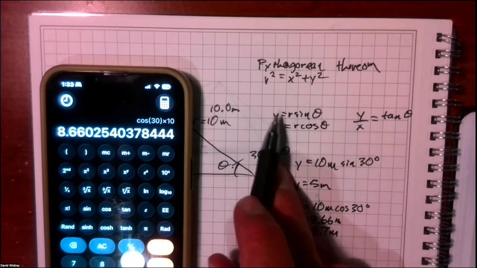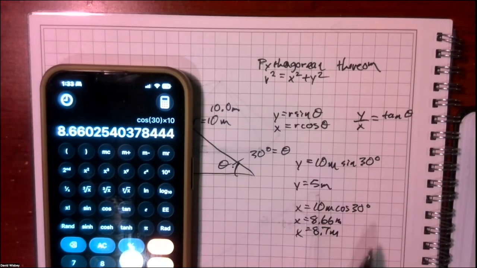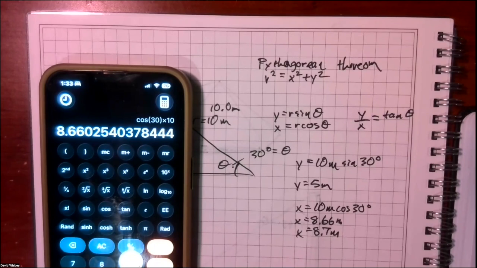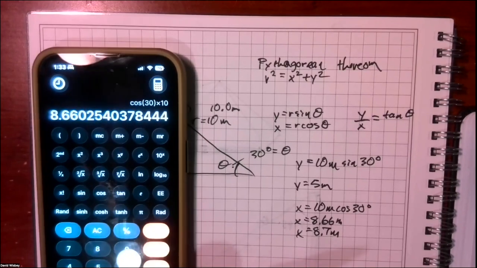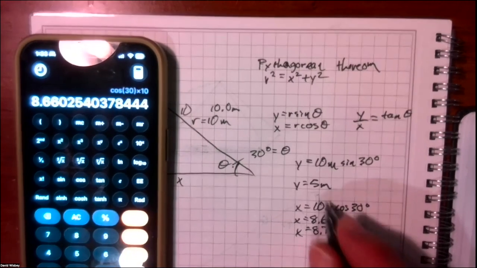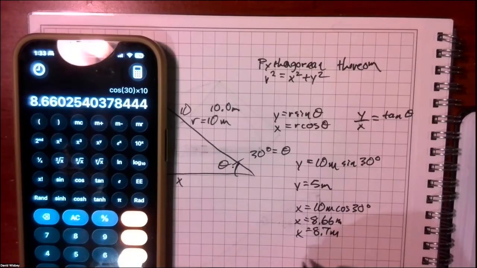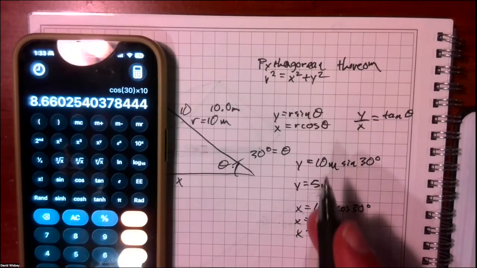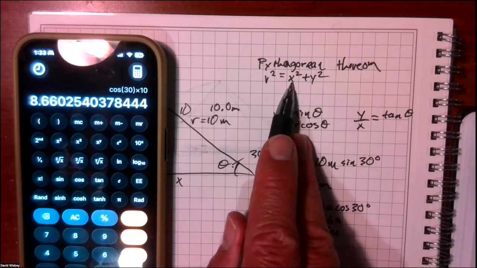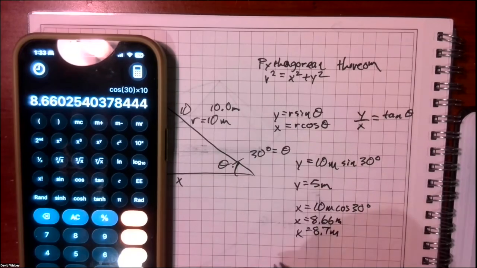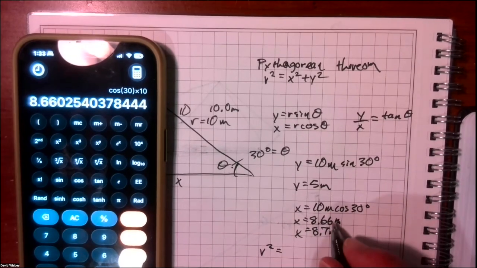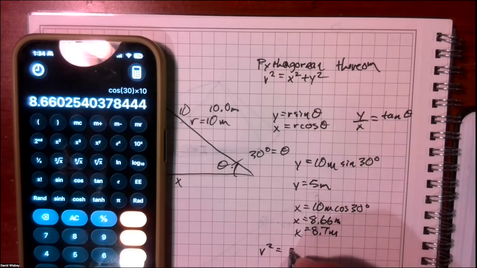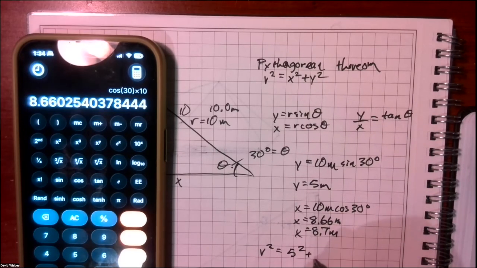We're going to use the Pythagorean theorem to make sure that what we're getting makes sense. And hopefully my calculator is not in radians. It seems reasonable, but let's check it out. I know the hypotenuse is 10, so I'm going to have r squared equals y squared, 5 squared, plus 8.66 squared.